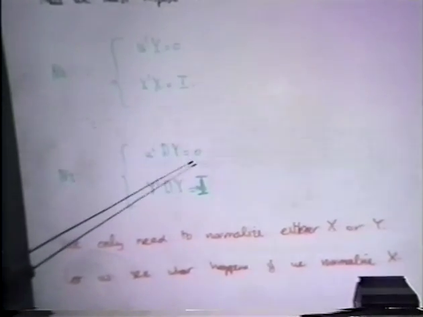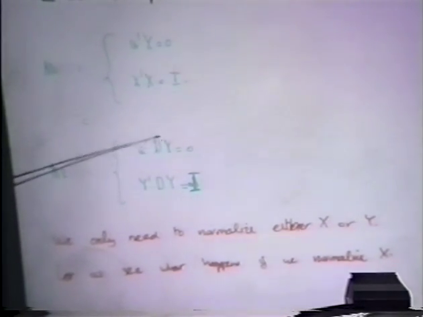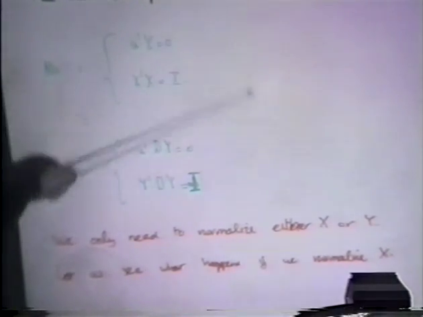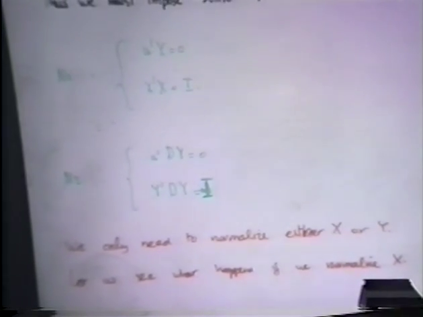It says that the weighted sum of the y's should be equal to 0, and I'm now using y for a matrix in which all the y's for the variables are on top of each other. So y has m times k rows and p columns. M is the number of variables, k is the number of categories. And we also want y prime Dy, which is the weighted sum of squares of the y's, equal to m times the identity.